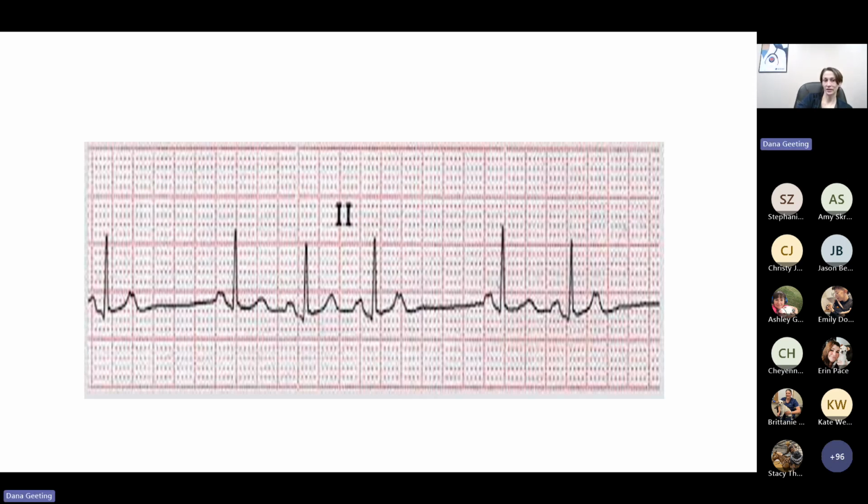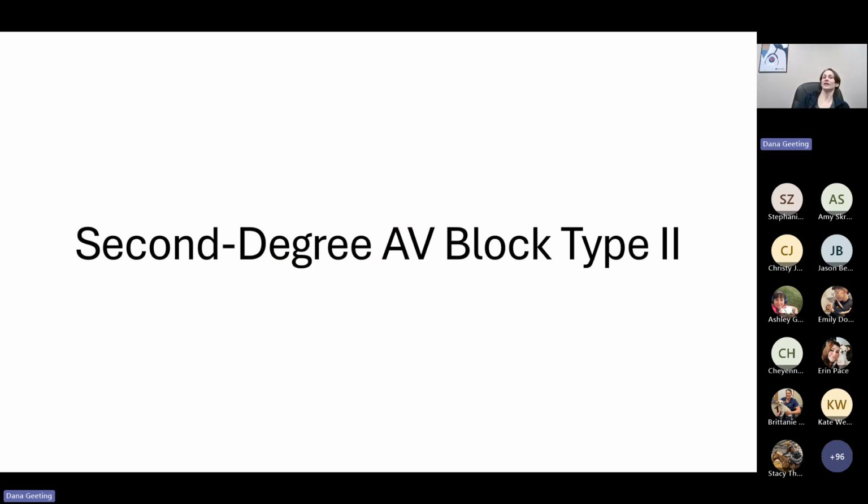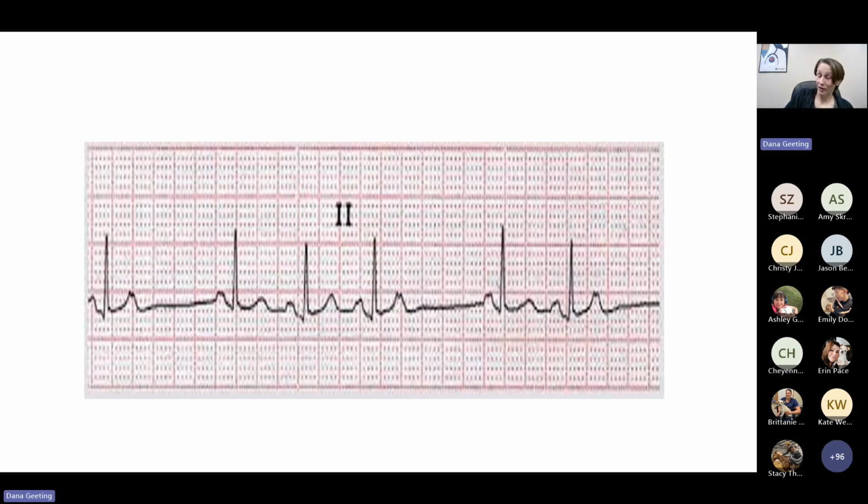Someone said type 1, type 2. Correct, it is a second degree AV block type 2. That one's hard because your P waves are hidden in your T wave.